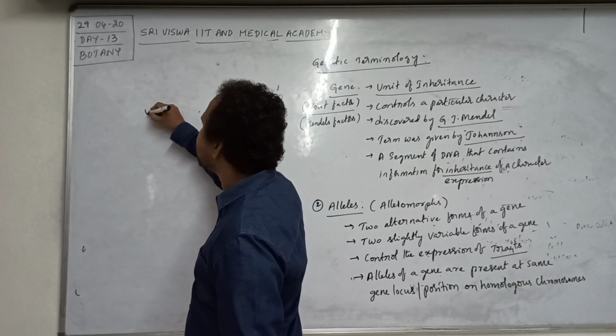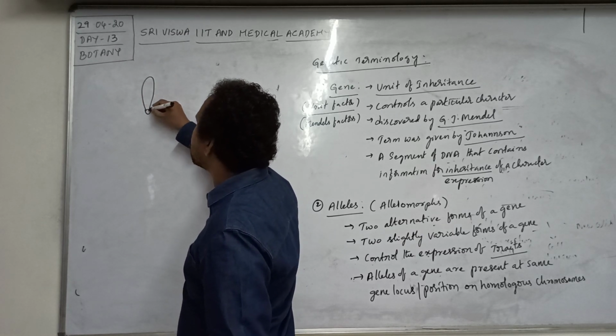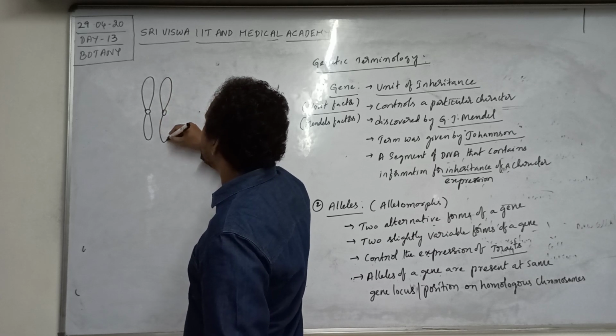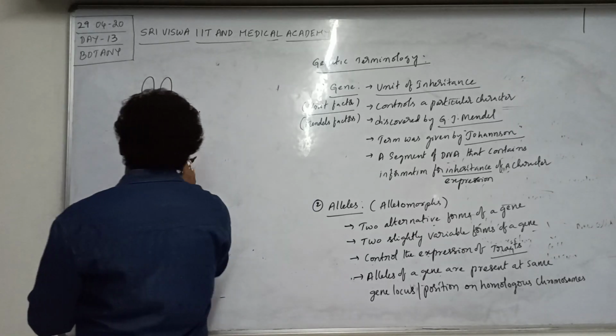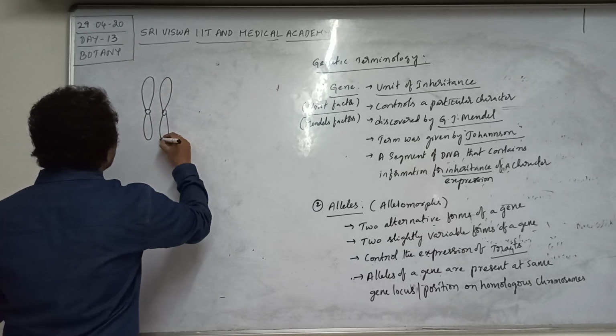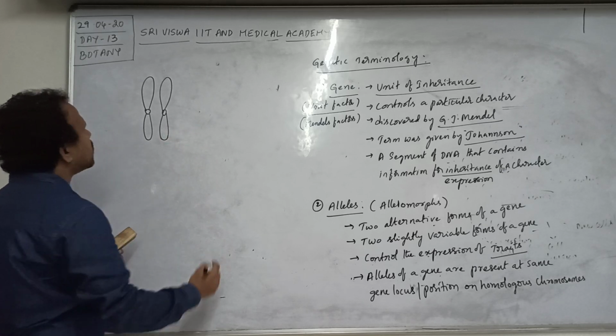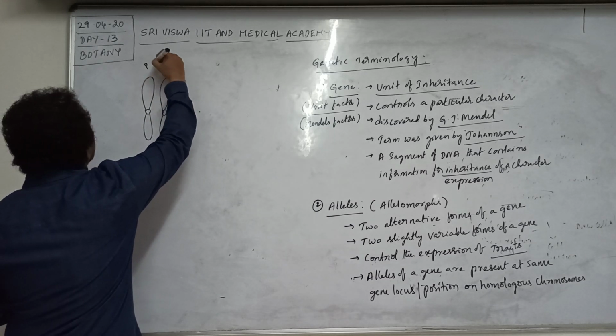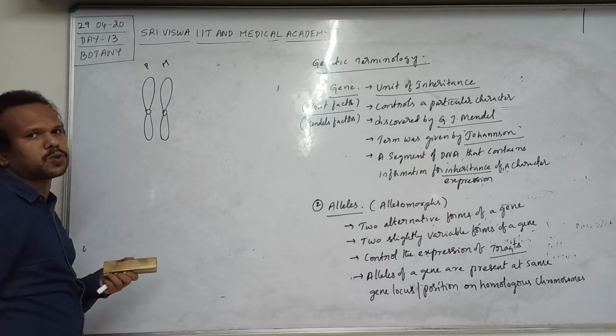For example, this is one chromosome, this is another chromosome. These are two homologous chromosomes. Imagine these two are homologous chromosomes which have the same structure. Consider this is the paternal chromosome and this is the maternal chromosome.